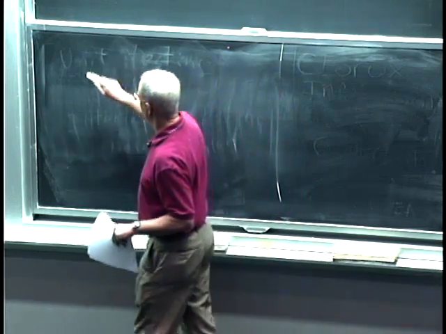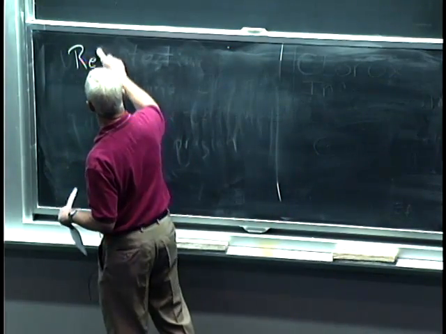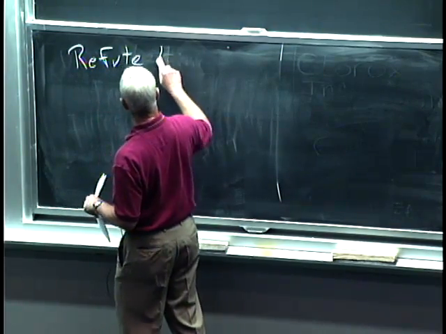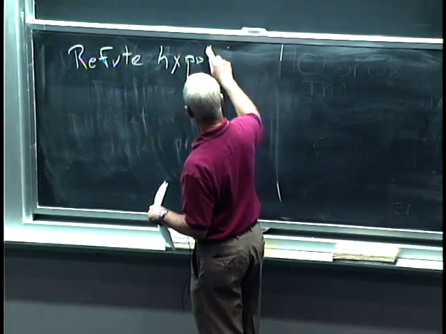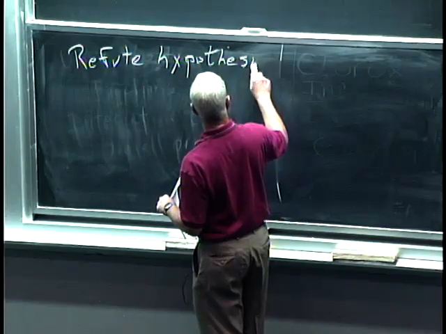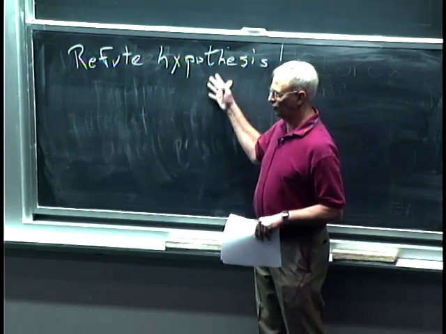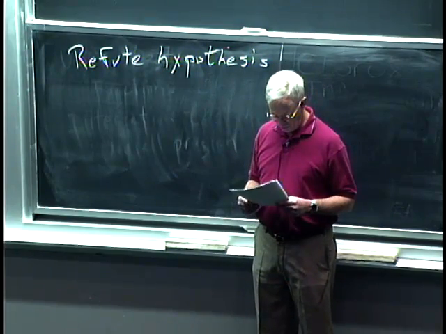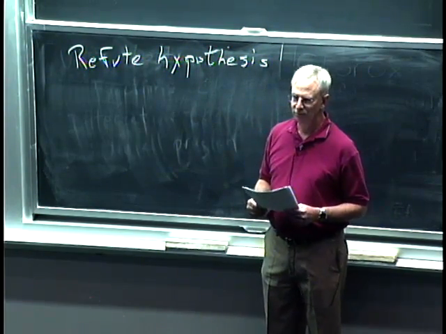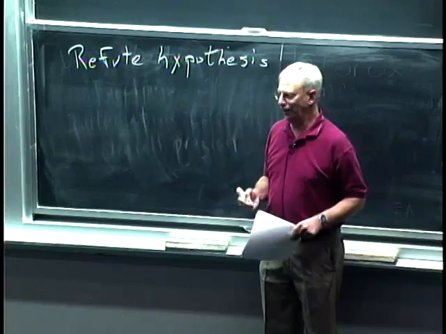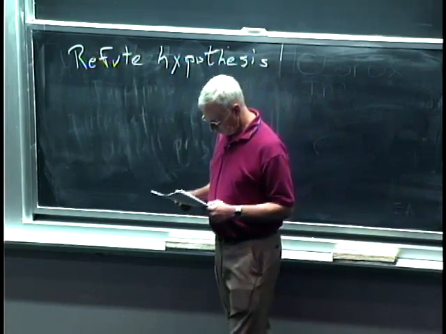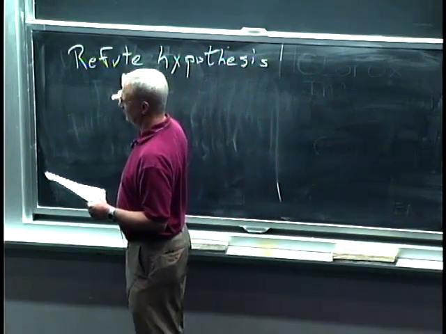It must have the potential to refute the hypothesis. It's not a valid experiment if it has no chance of showing that the hypothesis is flawed. Otherwise, why bother running it? So it has to have that.